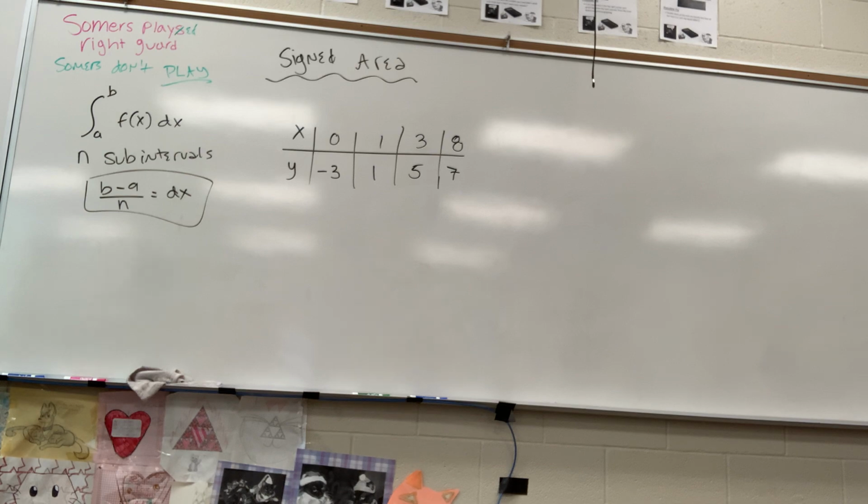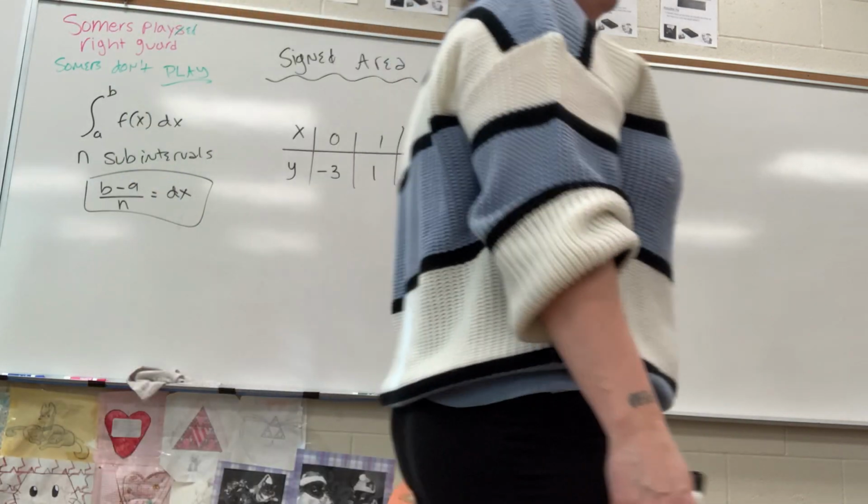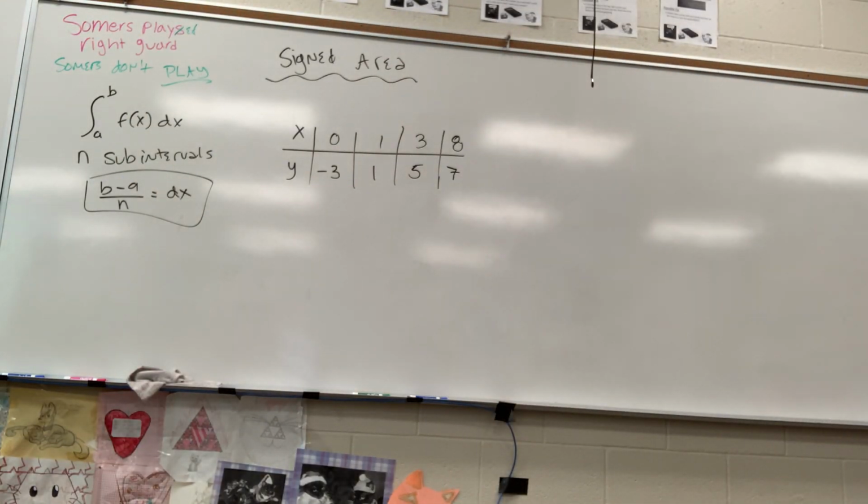I can't have more than 3, because if I assume more than 3, then I'm assuming that the points are connected linearly, but we have no idea if that's true. So what we'll have is 3 subintervals of different dx lengths.